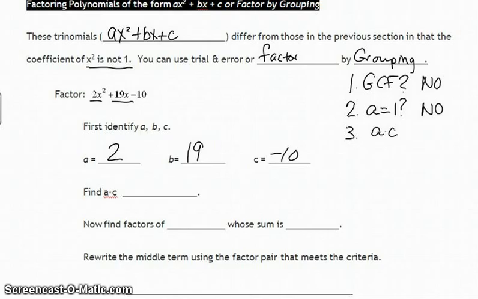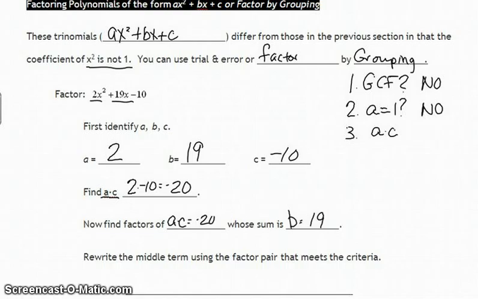Once we have them identified, we need to find the product A times C. In this case, I've got 2 times negative 10 equals negative 20. Now I need to find factors of AC, in this case negative 20, whose sum is B, in this case 19.